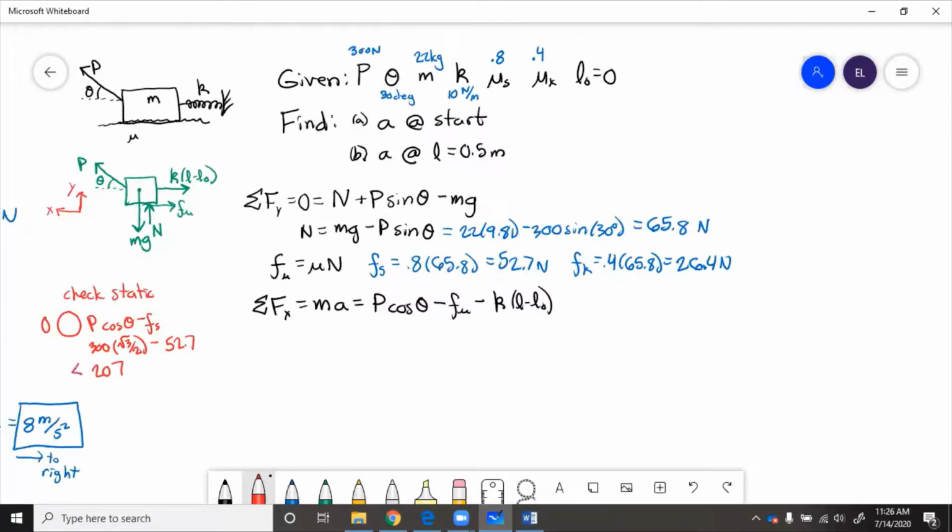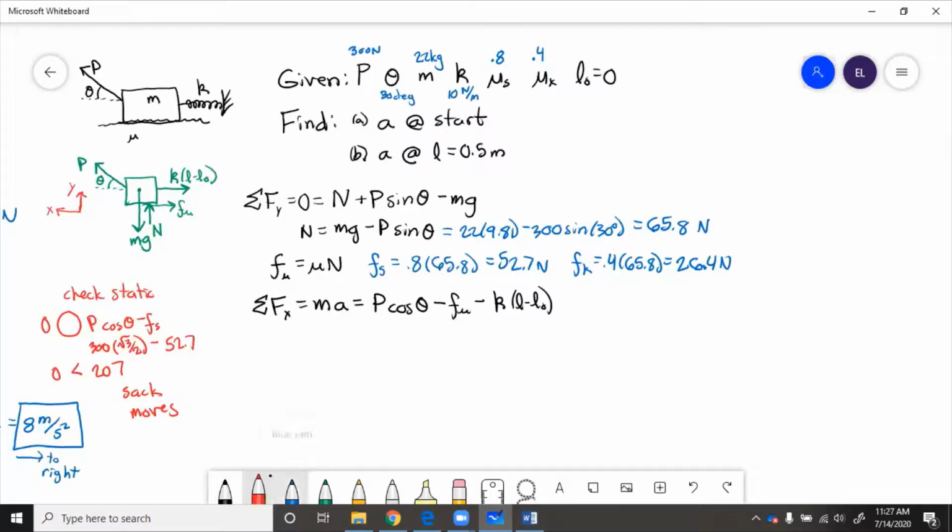Well, 207 is greater than 0, so the person is able to pull hard enough, and the sack moves. Now, we can anticipate that the sack moves because the second part of the problem is find the acceleration at L equals 0.5 meters. So we know it must have moved to 0.5 meters. So we could have skipped this step, but if we didn't know if it moved or not, we would need to check.